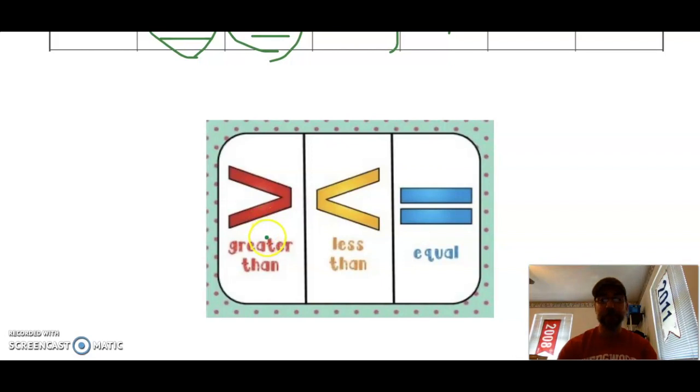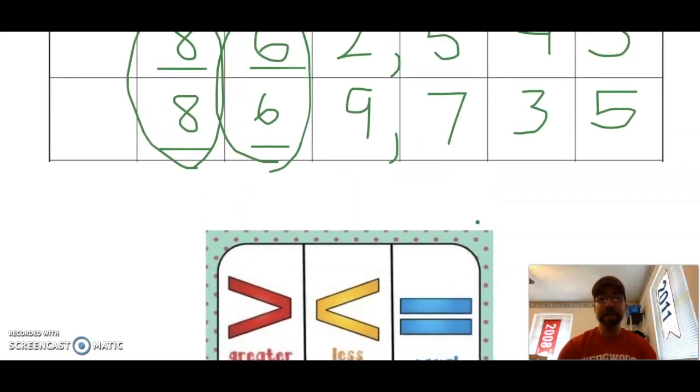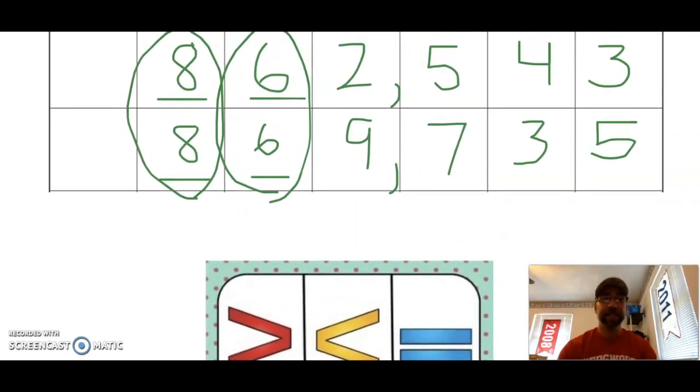Remember that we have our symbols greater than, less than, and equal to. So if I wanted to write a number sentence, my number sentence would be 862,543 is less than 869,735.